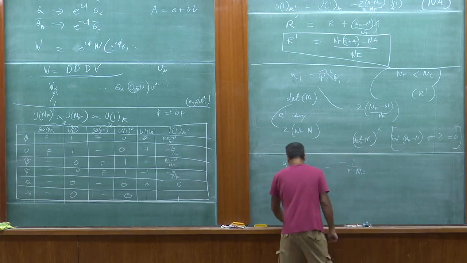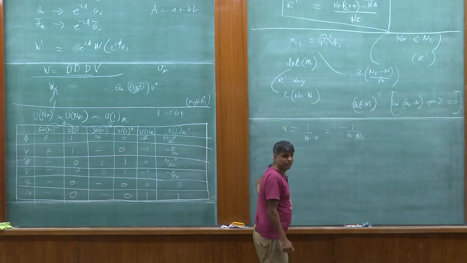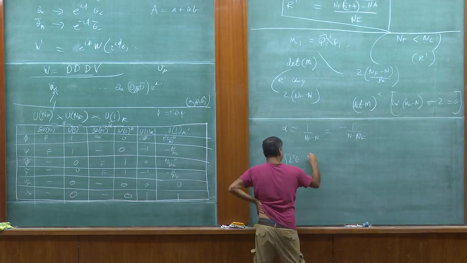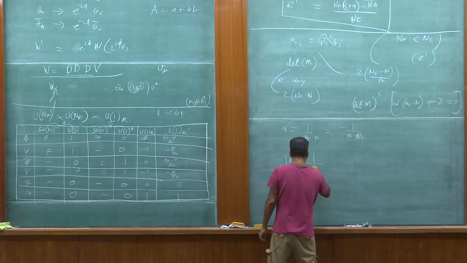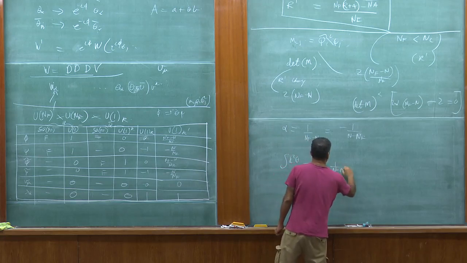Okay? And so we conclude that the only possible allowed form for the superpotential is the integral d2 theta of 1 over det M to the power 1 over (N minus Nf).